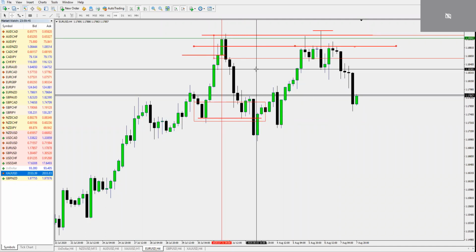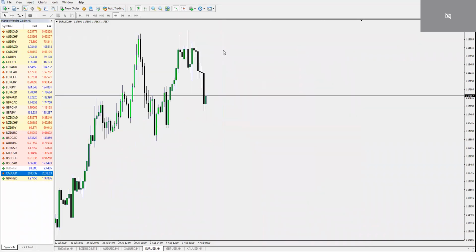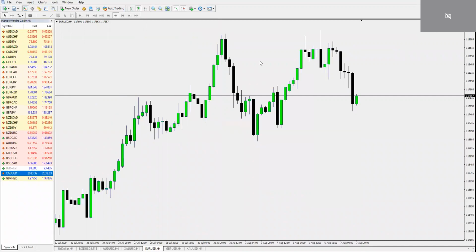So we have just on this 4-hour chart 2 confirmations right now. If we look at it, here is our 4-hour order block, essentially. And here is our round number IPL.